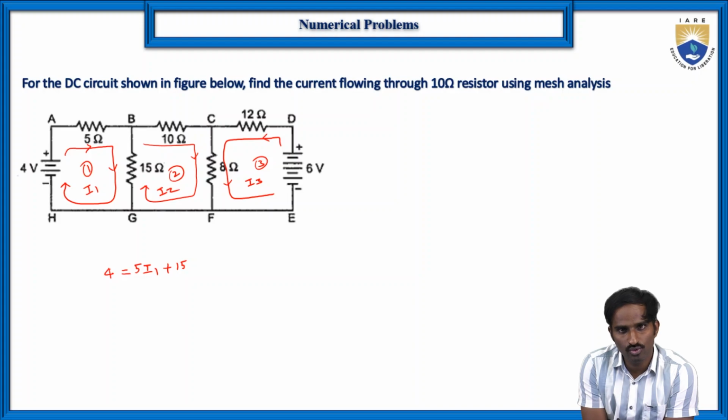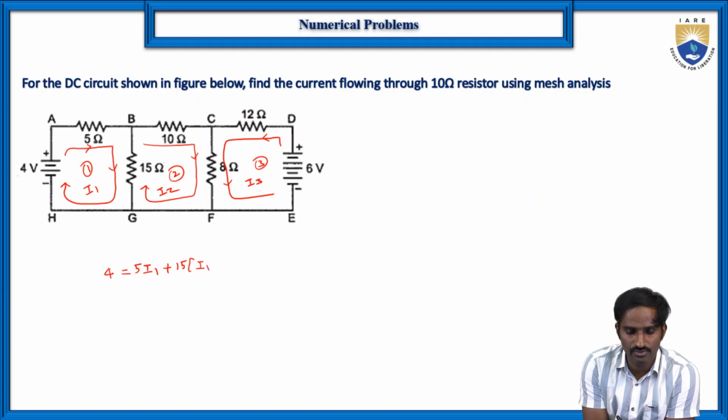If the loop 2 current I2 is flowing in the same direction, we write I1 plus I2, and if it is in the opposite direction, we write I1 minus I2. Here I2 is opposite to the I1 direction, so I1 minus I2. This is equation number 1.